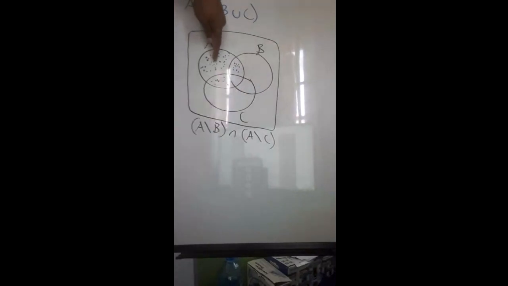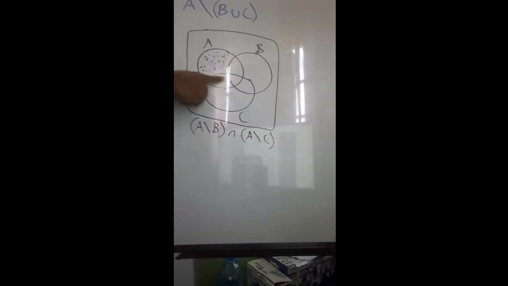Exclude the C part. So everything in A and not in C would be up here. So the only part they overlap, these two intersections, would be the A only again. So the blues right here, not used. The black dots for the B right here, not used. The only part we have blue and black is this one again. So you see that this one is the same as that one.